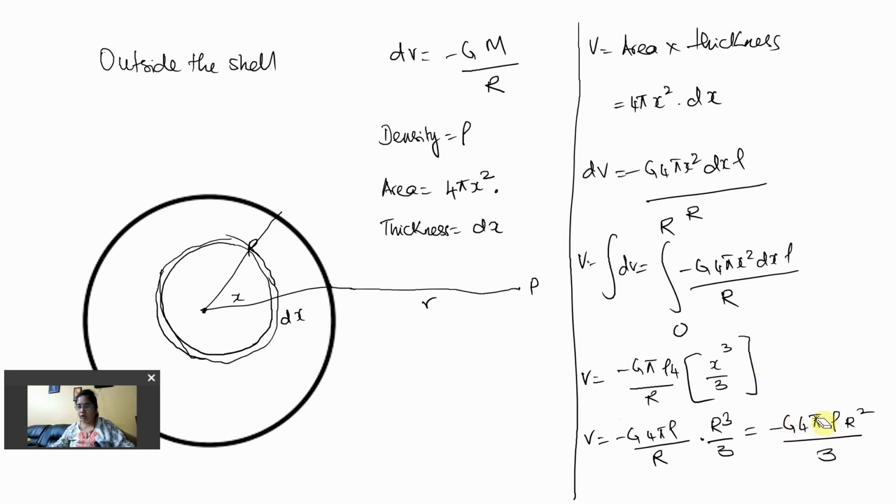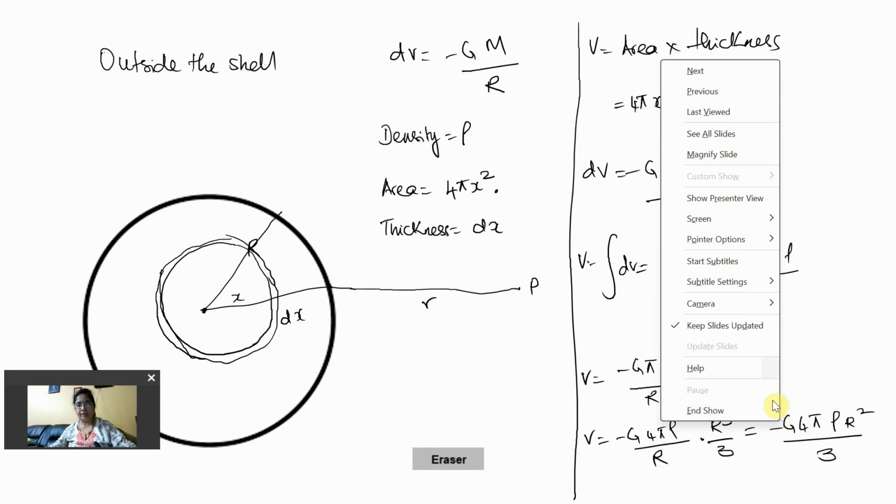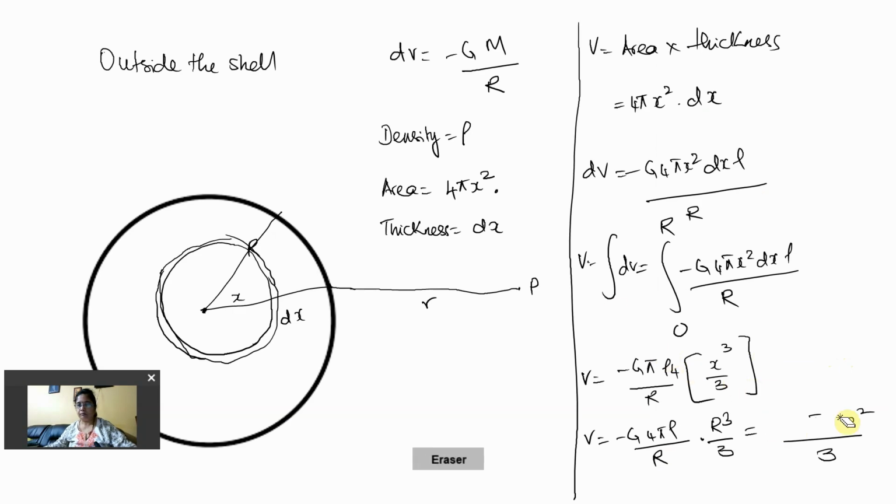Now look here. 4 by 3 pi R cube is the volume of the entire sphere, and into rho will give you the mass M. So you have here V equal to minus GM by r.